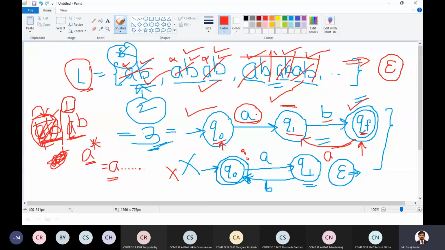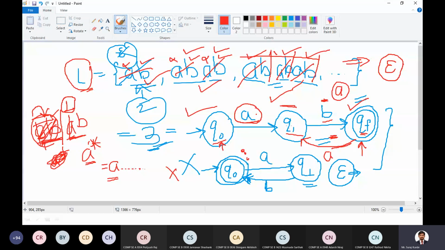Now on the final state, we can have A as an input, and on Q1 we have B as an input. It goes to the final state. For any A as an input, it is in a non-final state. Now Q1 is called a non-final state. So wherever there is A, when it accepts A as an input, it is in a non-final state.